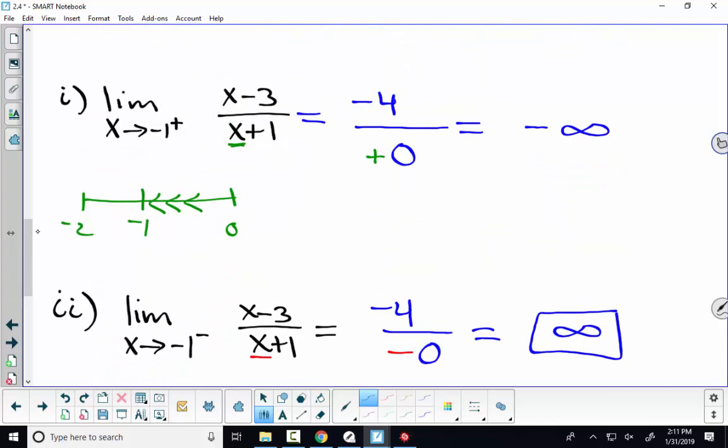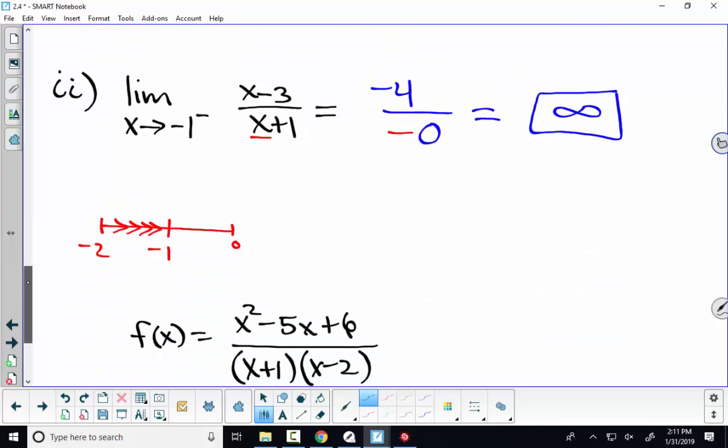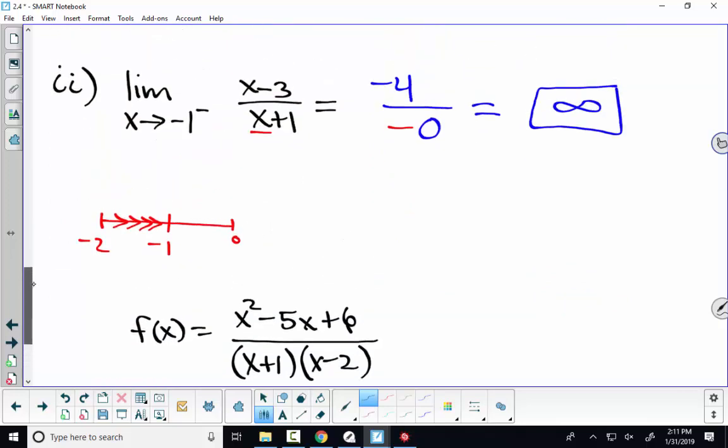There's a vertical asymptote where? At x equals -1, right? So it has a vertical asymptote at x equal to -1, because as we approach -1, the function values approach infinity. Is everybody okay with the difference there?